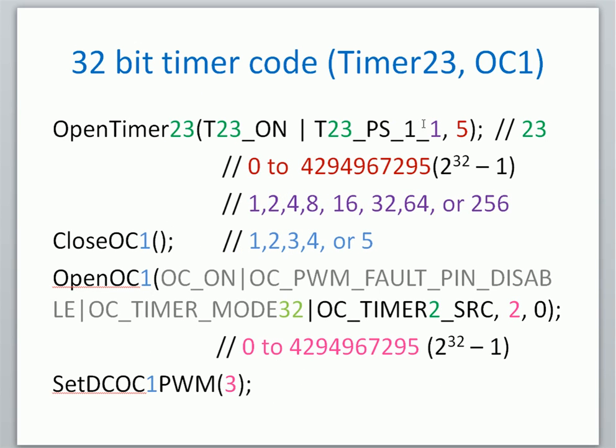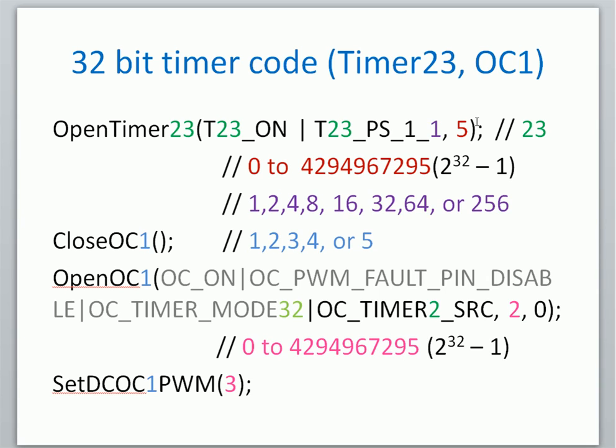The prescaler simply tells it to count by 2s, so every 2 edges, every 4 edges, or every 8 edges, what have you, up to 256. Those are all the possible choices. So this is simply giving me a period of 5 peripheral bus periods, TPB.